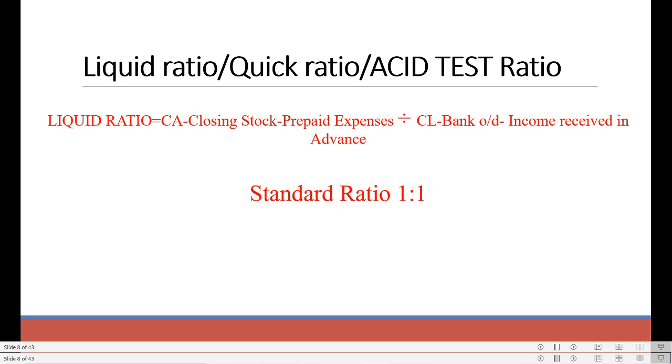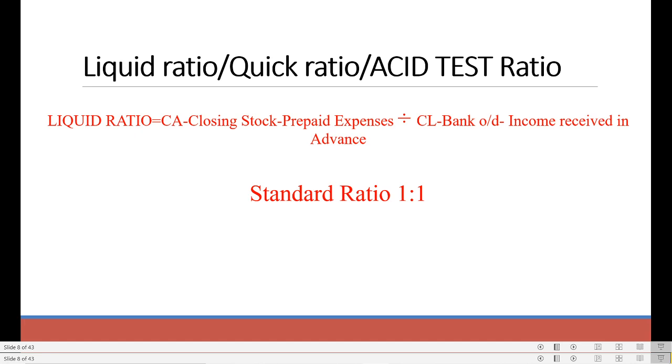Now what is quick and non-quick? Quick are those which are easily or quickly convertible into cash, and non-quick means which are not easily convertible into cash. Here I want to focus only on quick assets and quick liabilities. So your formula is quick assets upon quick liabilities. Now how to get those quick assets and quick liabilities?